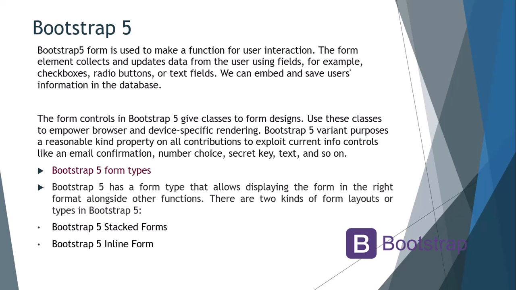Alright, what this means is in Bootstrap 5 forms, we can use it to validate our form data, such as the email confirmation. In Bootstrap 5, we can add an attribute to our email input that will help us to validate our email to show or to give a response if a particular email format is correct or not.